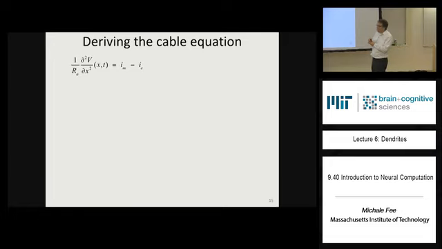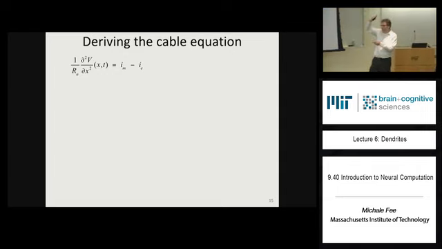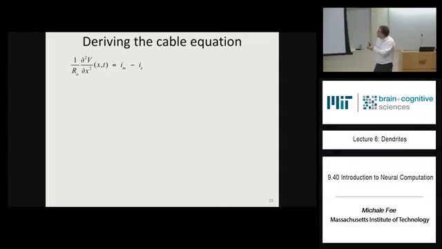The second derivative of voltage with respect to position is just equal to the membrane or injected currents coming into the dendrite at any position. Okay, so the curvature of the voltage, how curved it is, just depends on what's coming in through the membrane.